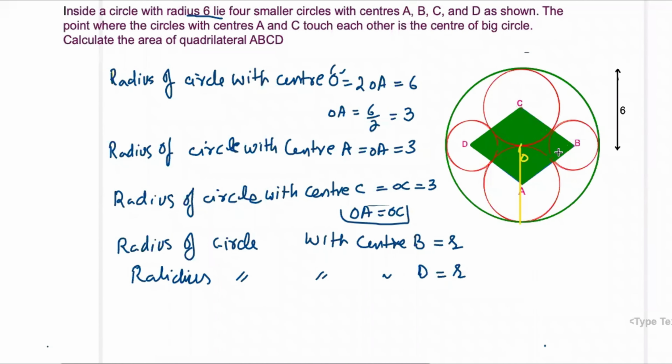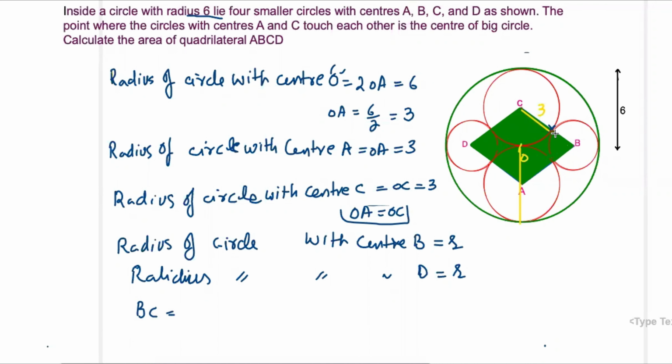Now you see here this quadrilateral having side BC. Now we can write its length BC. This radius is equal to 3.